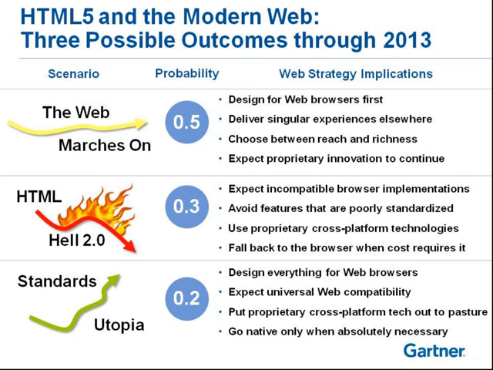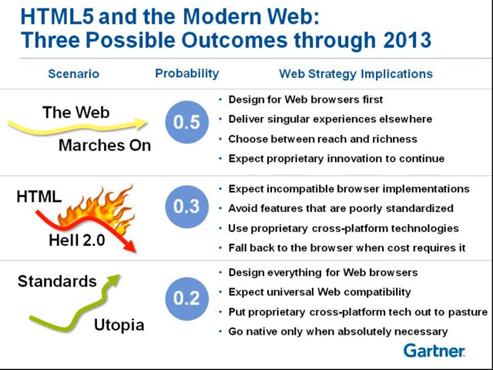Now, the second scenario with a probability of 0.3 is what we refer to as HTML Hell 2.0. And what that means is that we all think back to the days where the HTML implementations really got far apart. And you can expect incompatible browser implementations. You can find features that are very poorly standardized across browsers.